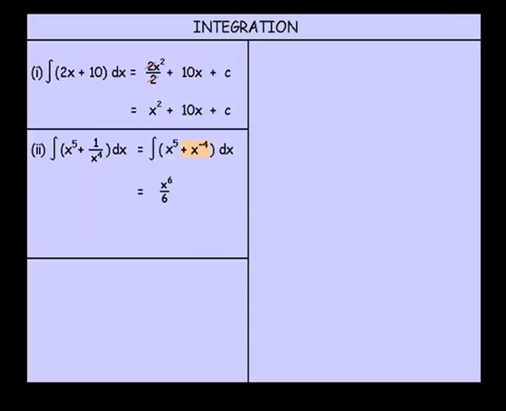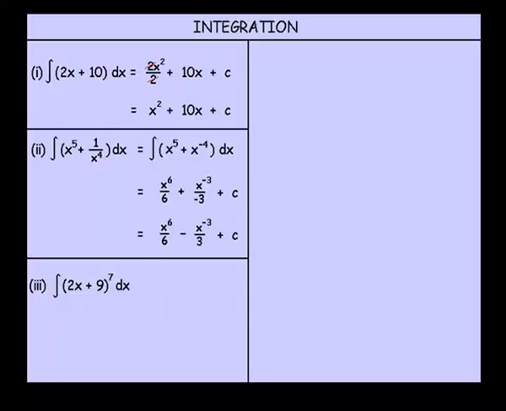Now x to the minus 4, now this is where a few people strike a few problems here. If we add 1 to minus 4, we get x to the minus 3. Alright, were you thinking minus 5? Okay, I hope not. X to the minus 3 over minus 3, and we add c. And finally we can write it as that, where we have a plus and then a negative. Okay, we're adding a negative term, we just leave it as a negative in the middle there.